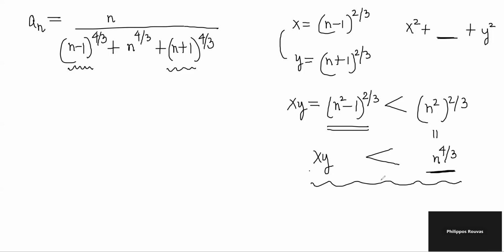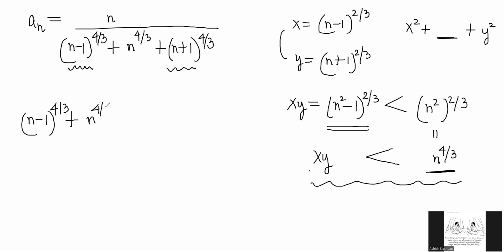Yes. Great. So now, if I have this expression here, (n minus 1) power 4/3 plus n power 4/3 plus (n plus 1) power 4/3, I can say that n power 4/3 is bigger than xy. So I can easily say that this term is bigger than x square plus xy plus y square, right?